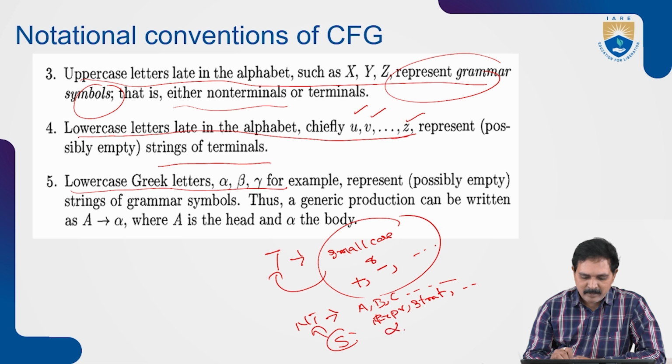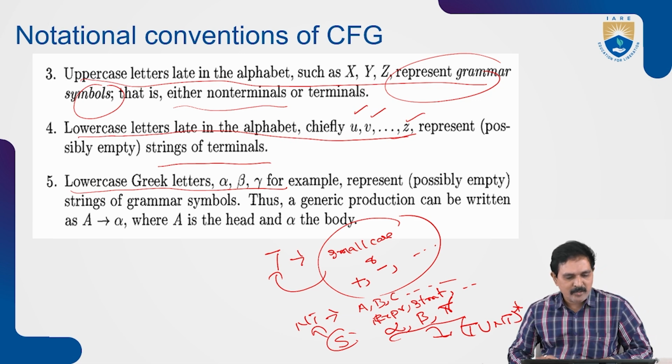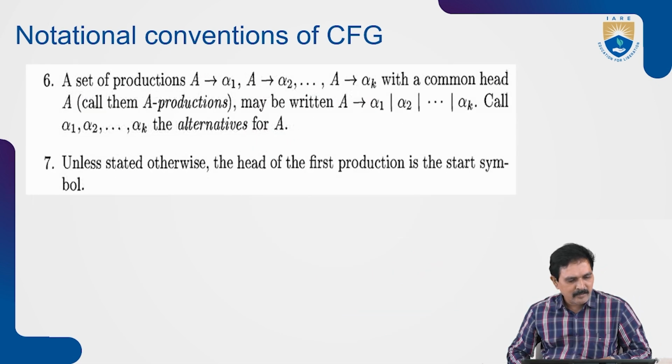The Greek letters alpha, beta, gamma can be described with combinations of terminals and non-terminals, including the null symbol also. So these are the different notational conventions we use.